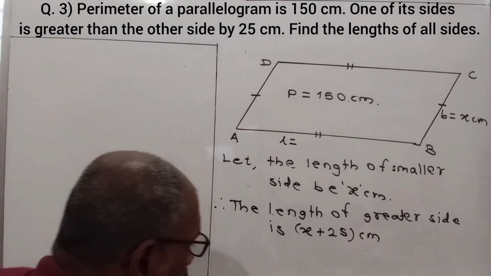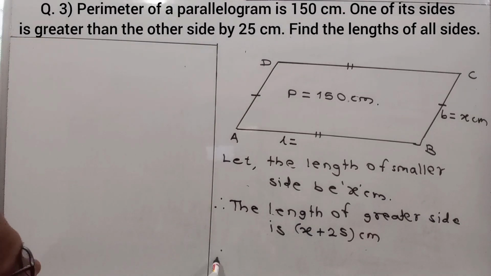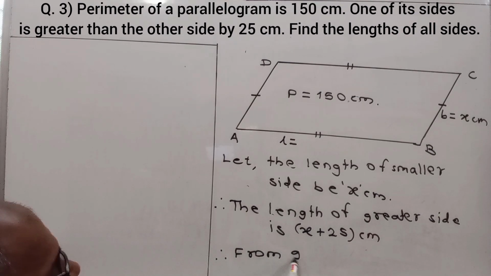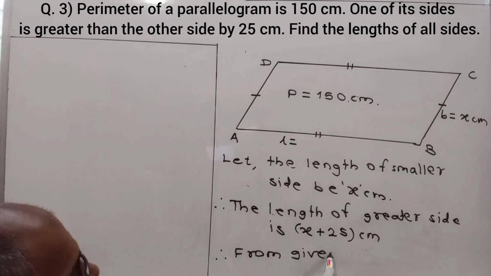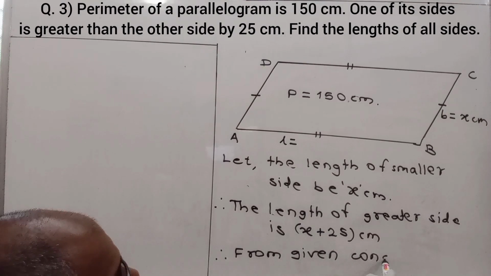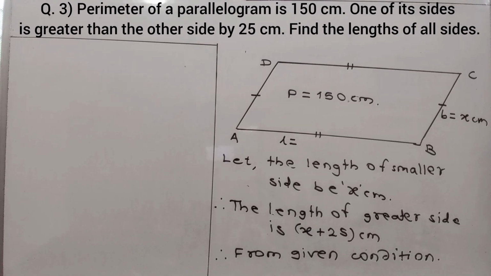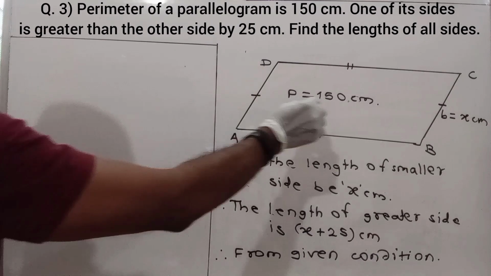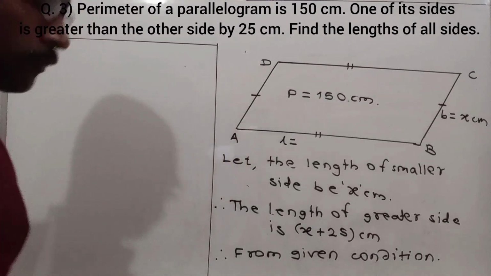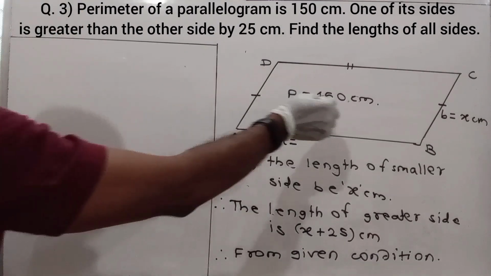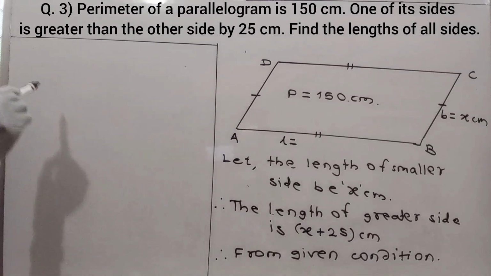Therefore, from given condition, see here. What is given condition? See here, the perimeter of this parallelogram is 150 centimeter.